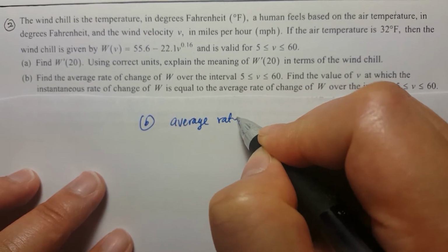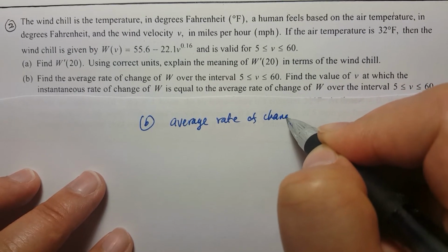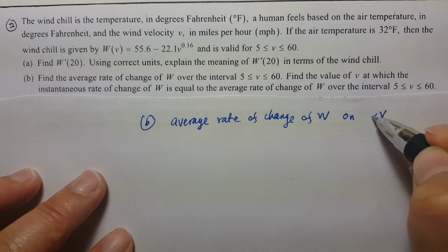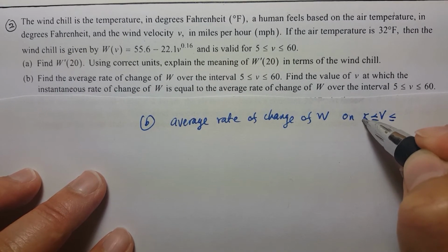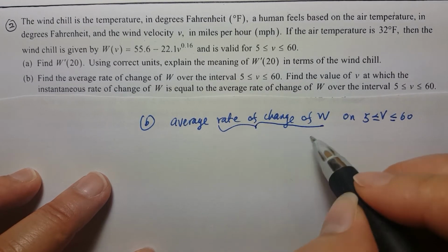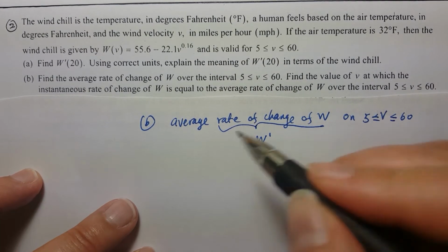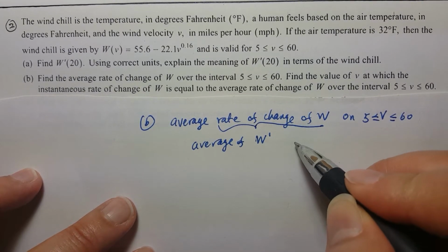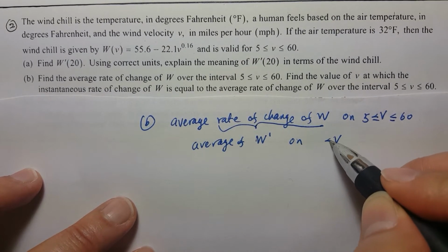Let's translate, see what I mean. Average rate of change of W on the interval. Rate of change means W prime, and then you have to find the average of W prime on the interval.